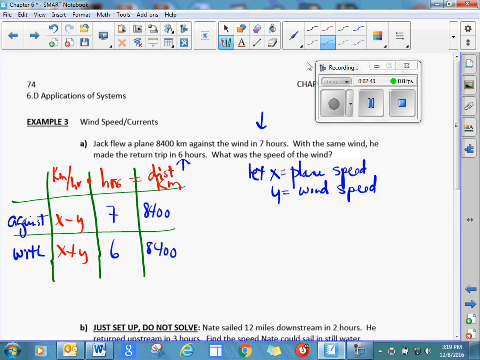And now, of course, our two equations are pretty straightforward. They are distance equals rate times time. So 7 times (x minus y) is equal to 8,400, and 6 times (x plus y) is equal to 8,400.